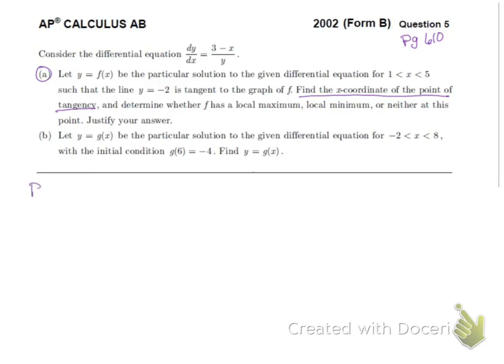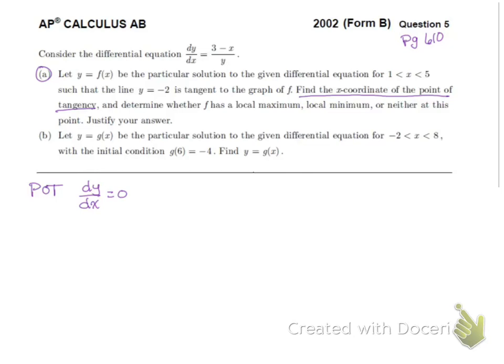Well, we find the point of tangency by setting the derivative equal to 0, okay? So you're eventually going to set dy/dx equal to 0. But dy/dx has both an x and a y, okay? You can't solve an equation with two variables.